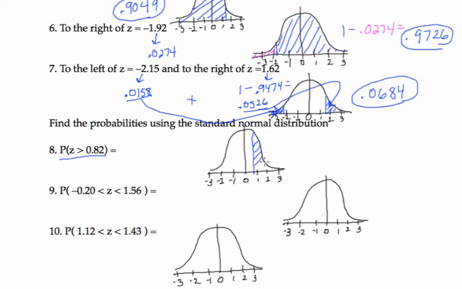The probability that your z-score would be greater than that, to the right. Our table gives the probability that you're to the left, so we're going to have to do 1 minus the probability that we get from our table. That gives 0.2061, or 20.61%. That's the probability that you are in that region.